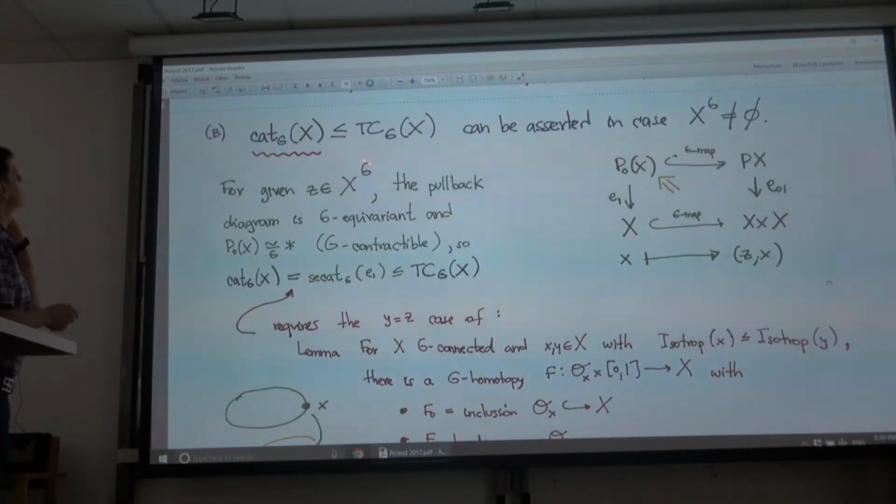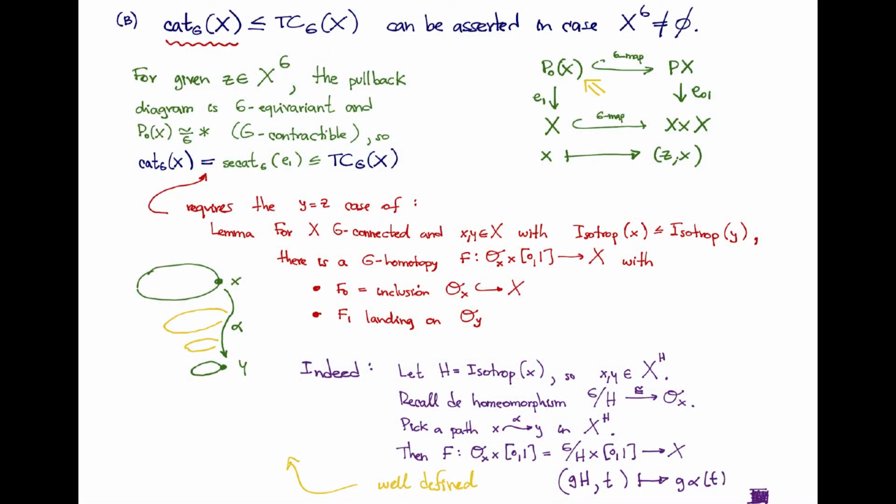The other thing is, recall that the category of a space was a lower bound for the TC, and the same thing would happen in the equivariant case as long as you have some fixed point. This is the standard notation for the fixed points under this action. So suppose you have a point that remains fixed. Then you can do the same business. Namely, suppose z is the point that is fixed by all elements in G. Then you can take this inclusion map.